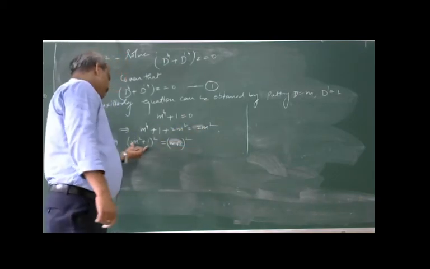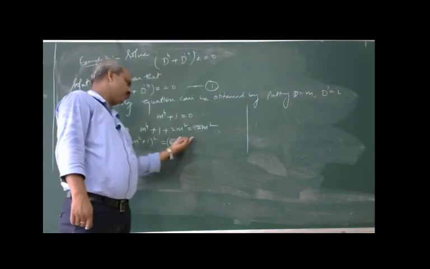So m square plus 1 whole square is equal to root 2 m whole square.